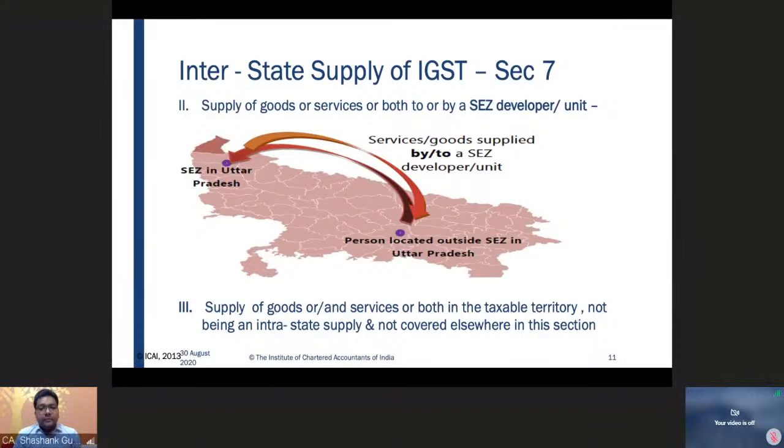Meaning that if I am supplying some services to an SEZ developer, that will be covered under IGST. If I am supplying services to an SEZ unit, that will be covered under IGST. Now, what is the difference between an SEZ developer and an SEZ unit? SEZ, or special economic zone. So, what happened was, let me get you into a slight history.